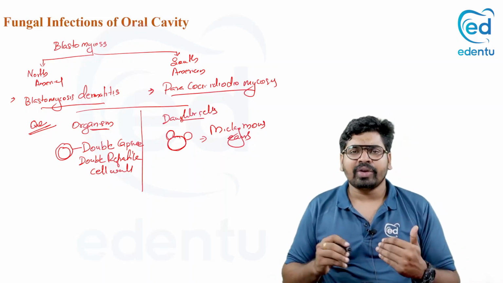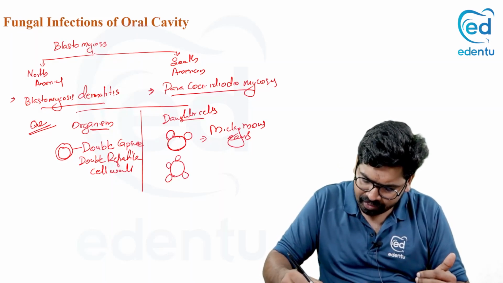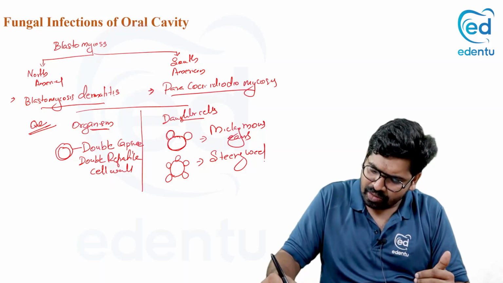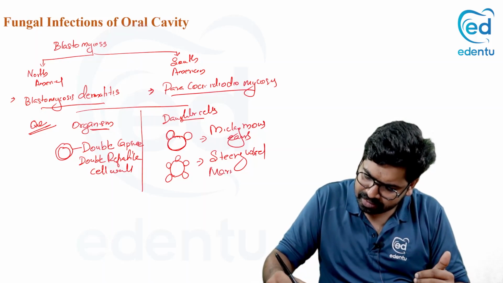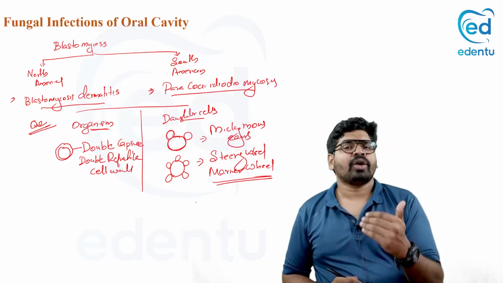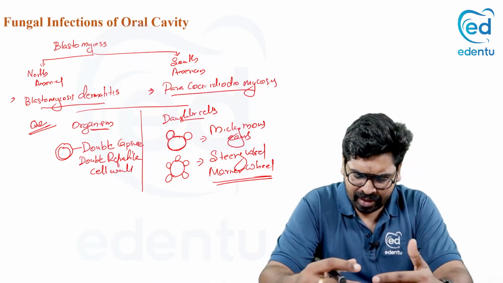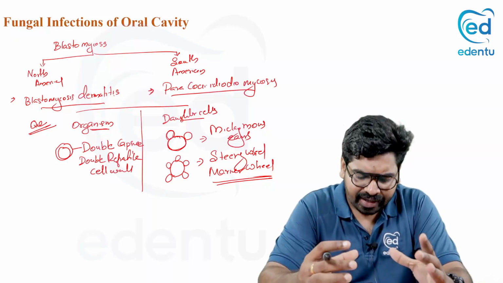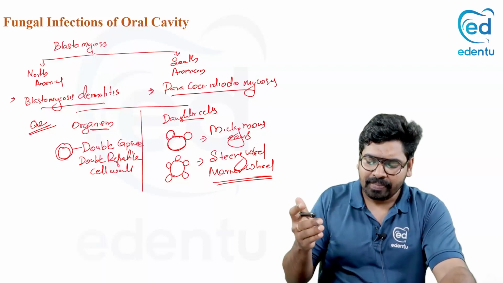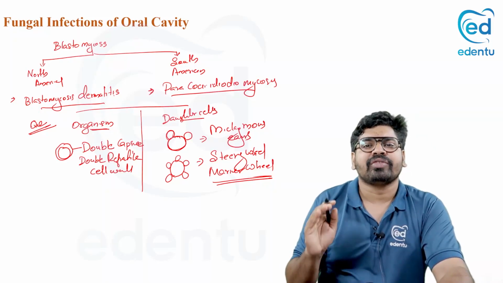If the daughter cells are attached all around, it is called a steering wheel or mariner's wheel appearance. So there are multiple daughter cells in South American blastomycosis, and North American blastomycosis has a double cell wall. That is how you differentiate them, mainly by the appearance of the organism.